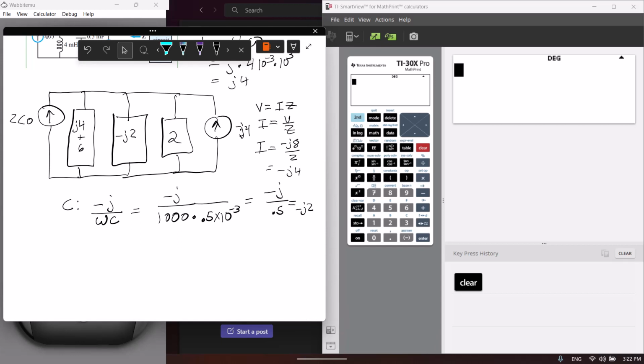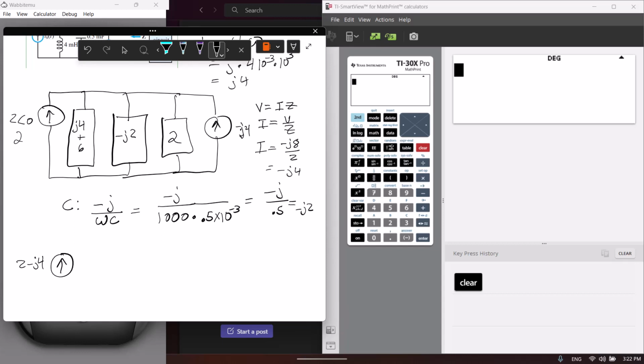All right, so current sources in parallel, I can just add those. 2 angle 0, that's just a real number, that's 2. And so I've got the real 2 and an imaginary minus J4. So I can add those together and just get 2 minus J4 is now my current source.